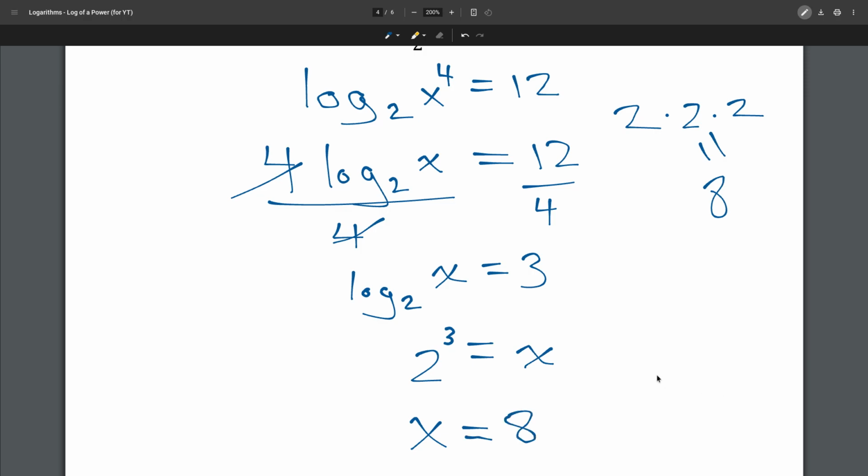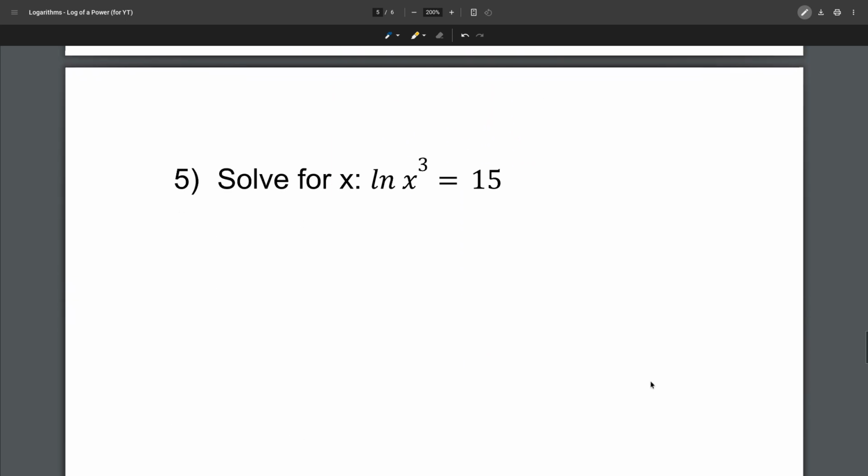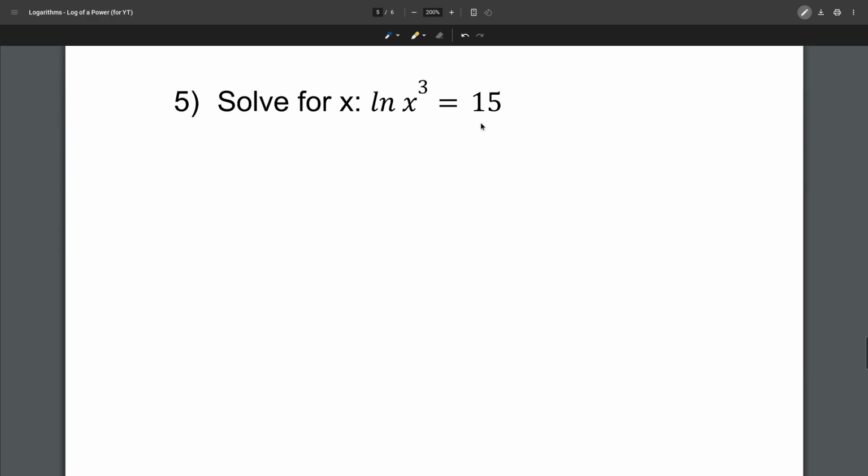All right, let's keep going. Problem 5. Solve for x. Natural log of x cubed equals 15. I'm going to rewrite this using the log of a power property as 3 times the natural log of x equals 15.